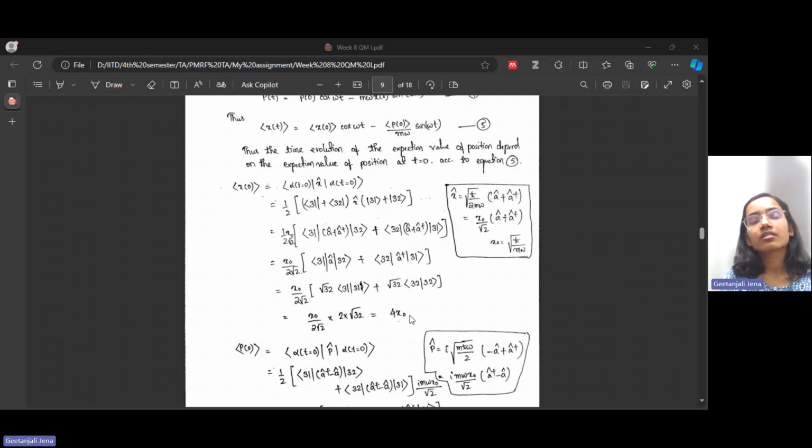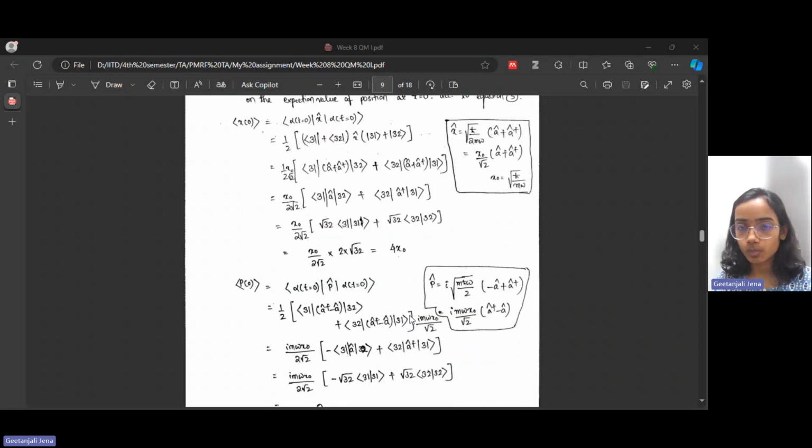Now, for the expectation of the momentum operator, you use the ladder operator representation of the momentum operator, similar to the position operator, which is given in this bracket: p equals i root over of mħω by 2 times (a dagger minus a).